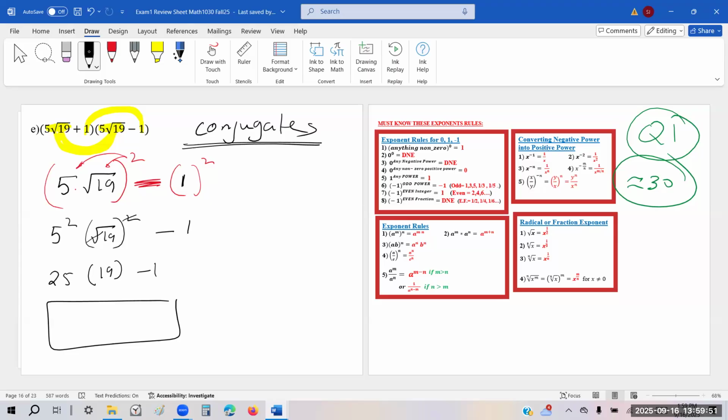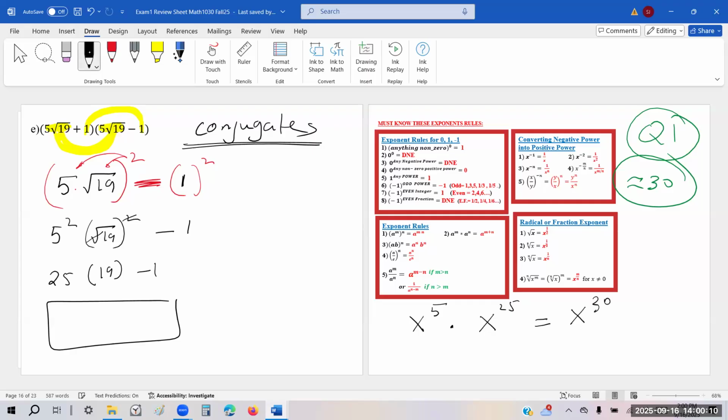For example, what is x to the 5 times x to the 25? So what do you get? X to the 30.